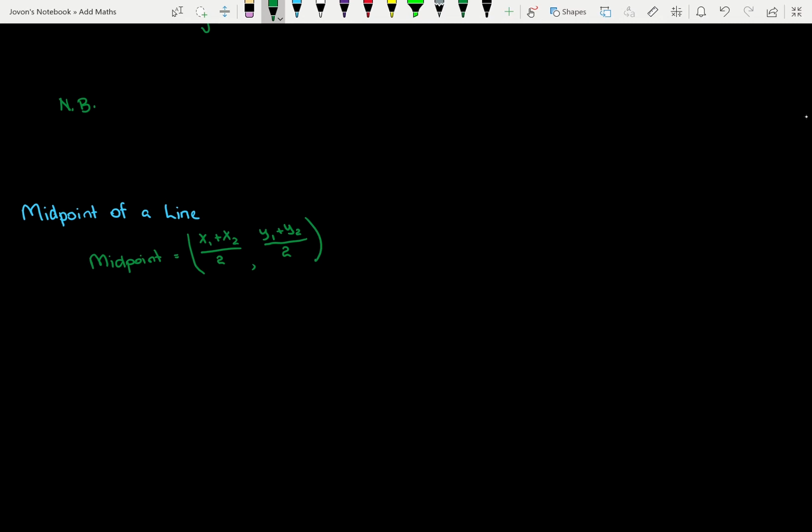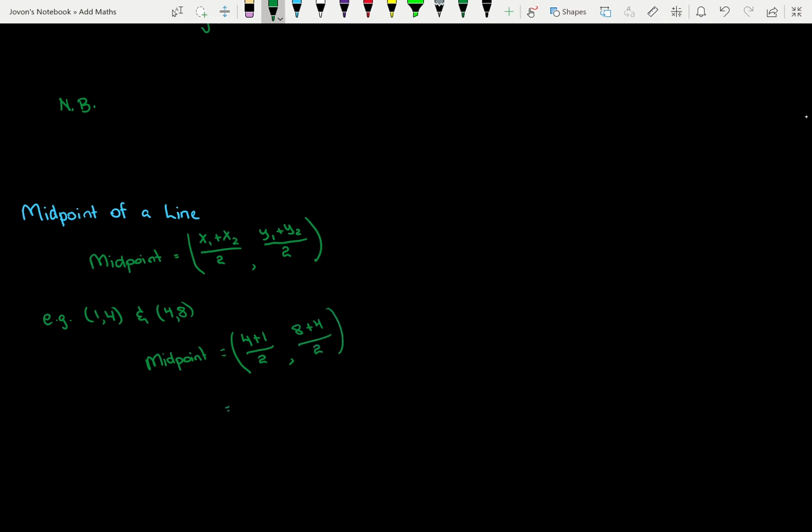So again, using the same coordinates as above, we have 1 comma 4 and 4 comma 8. Therefore the midpoint of the line connecting these 2 points is equal to 4 plus 1 all over 2 comma 8 plus 4 all over 2.